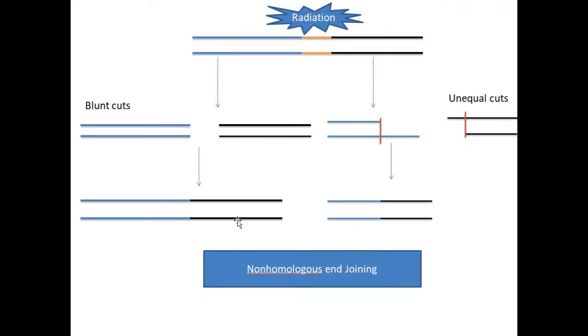But in either of the cases, if you look at the figure here, you can see that a large amount of DNA is lost in both types of non-homologous joining method. And genes or DNA, as we know, are very important.